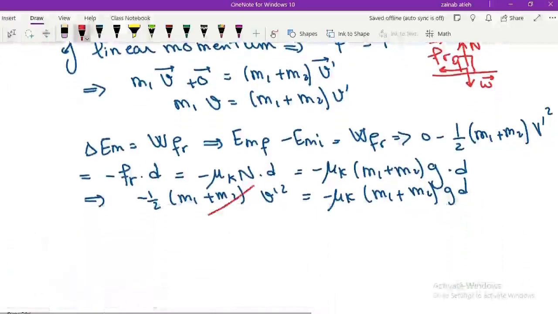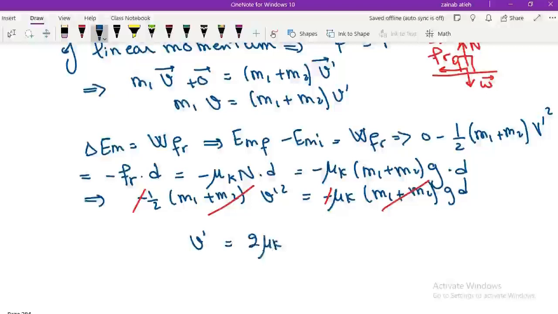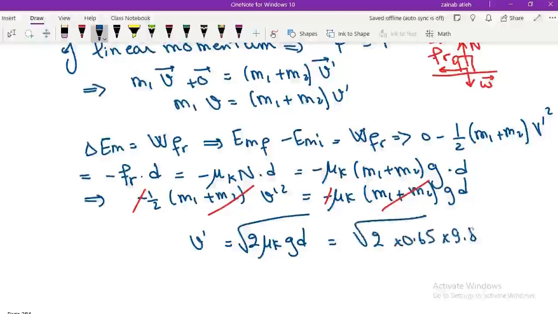I will divide by M1 plus M2, and the minus as well. Okay, I will get V prime equals 2 mu k g d, for sure under the radical. Mu k was given to be 0.65, g is 9.8, and d was 7.5, I guess.